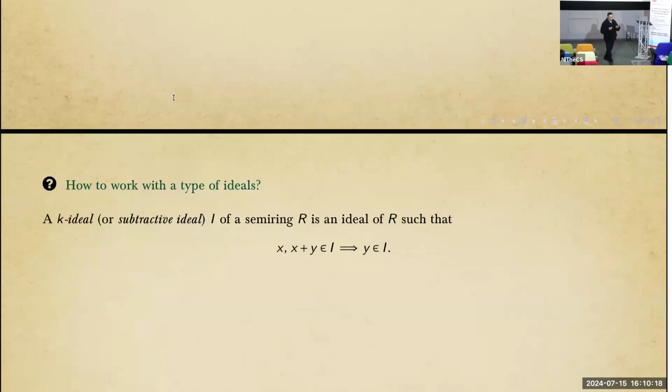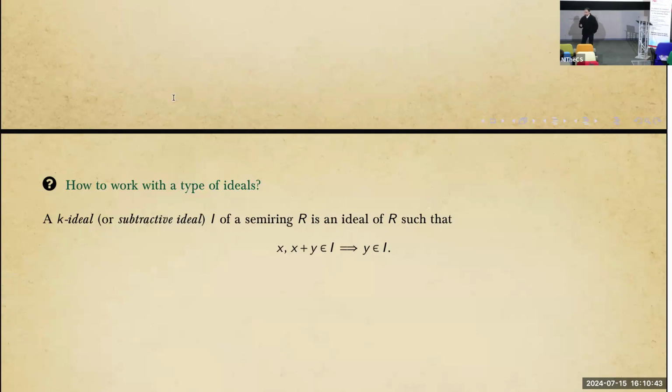And you can have commutativity, you can have identity, depending on how you want to work with that. And since there is no subtraction in a semi-ring, Melvin Henriksen actually in the 1960s came up with this notion of K-ideal.